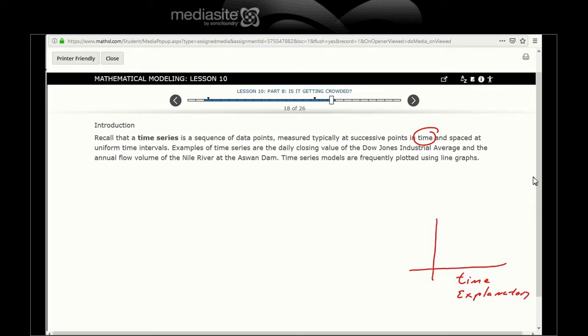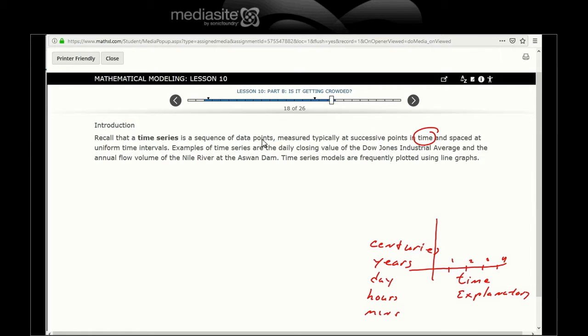It could be days, hours, minutes, years, centuries. It all depends on the time scale you're using.